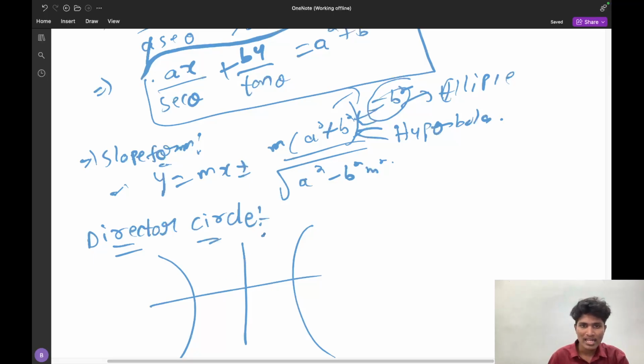Suppose from an external point I draw tangents, and they meet the curve at two points, and these tangents are perpendicular. If you join this and draw a circle, this circle is called the director circle.